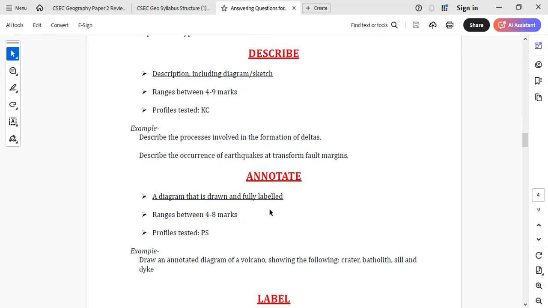basically, if you were to tell somebody to describe a stack, what are the features of it? How would you tell somebody, well, it's a tall rock formation that appears beyond the high tide mark, right? And basically it formerly was part of a headland. You describe it. You didn't explain anything about how it reached there. You describe how it looks.